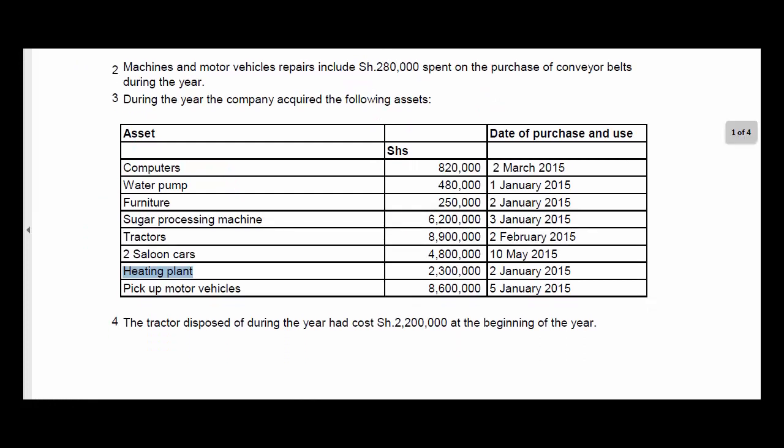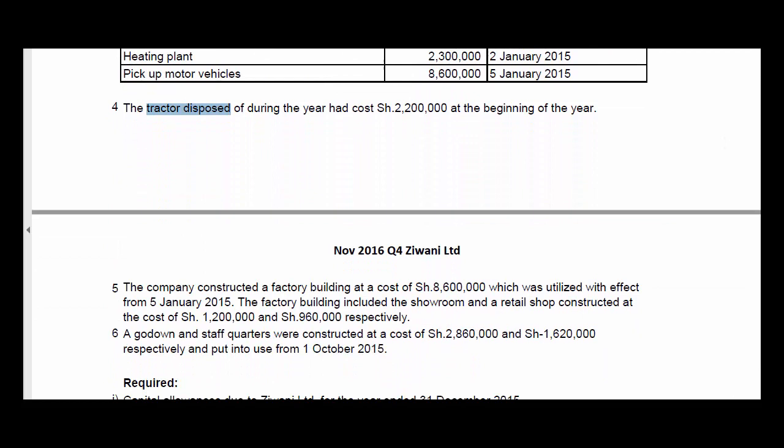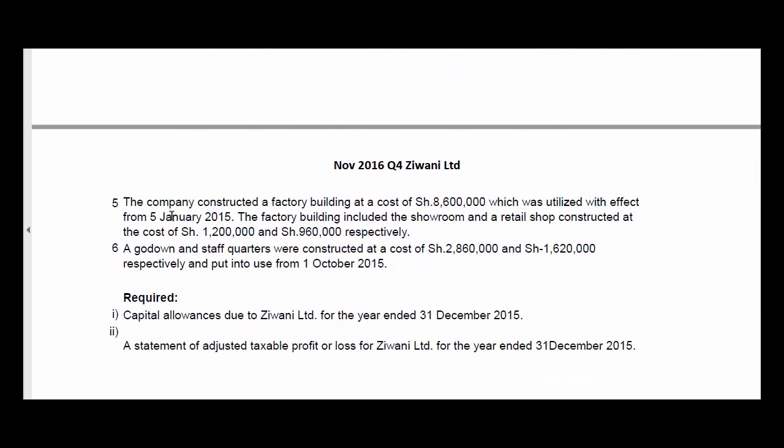Go to note number 4. Has to do with tractors, does not affect productive capacity. Note number 5, which has to do with a factory building. Now the factory building has to do with the manufacturing capacity, so we have to consider that. We are told that it constructed a factory building at a cost of 8.6 million. The factory building included showroom and a retail shop.